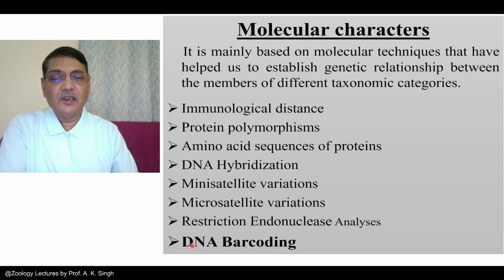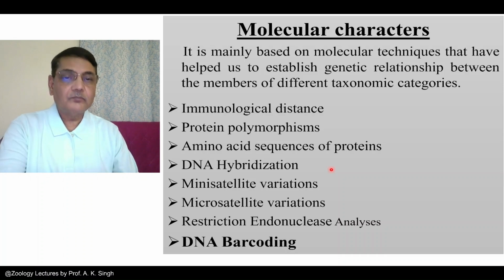But presently, DNA barcoding has become much popular, and this is actually applied to identify different species, because technologically we are now so sound that we can isolate DNA, we can amplify a specific segment of mitochondrial DNA or 16S ribosomal RNA, and that can be used for taxonomic purpose for all sorts of organisms.